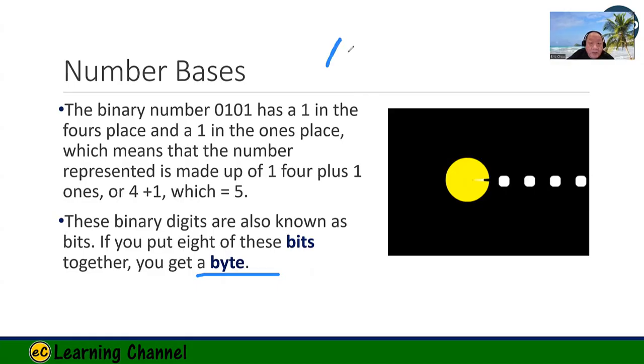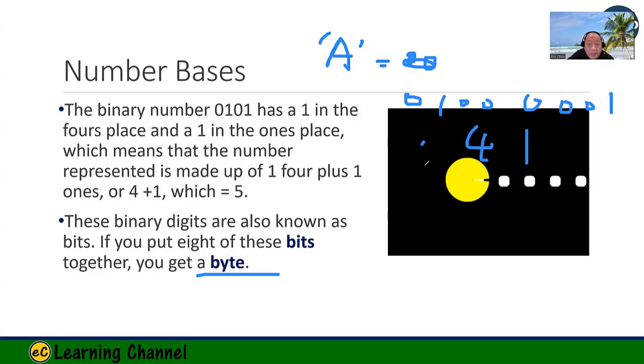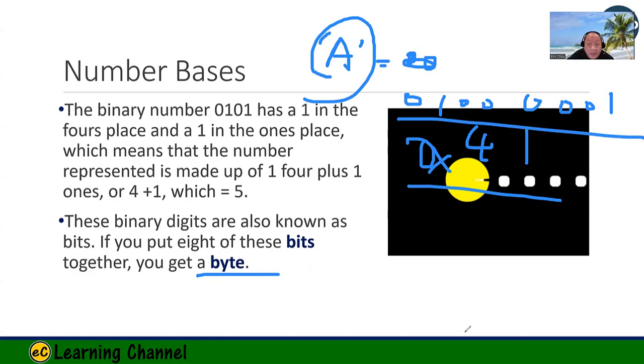So when you have ABC, the character A is stored as 0, 1, 0, 0, and then 0, 0, 0, 1. It's actually hexadecimal 4, 1. It's stored as A, and we call it a symbol.